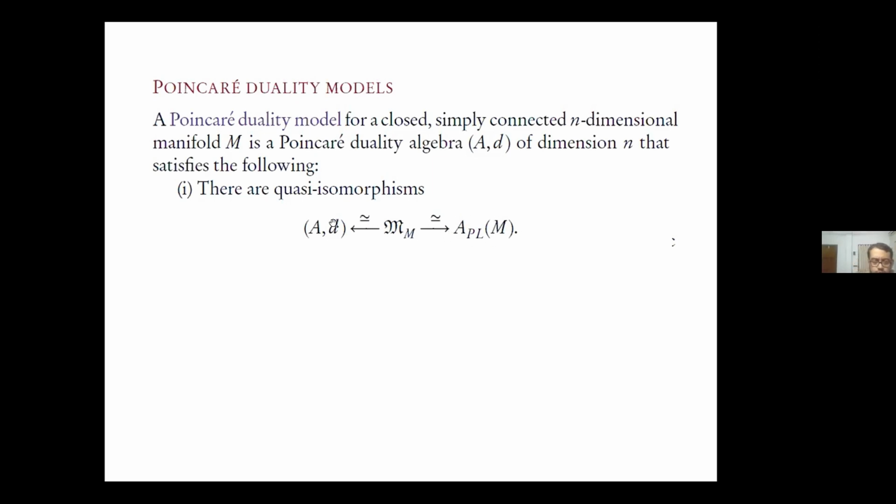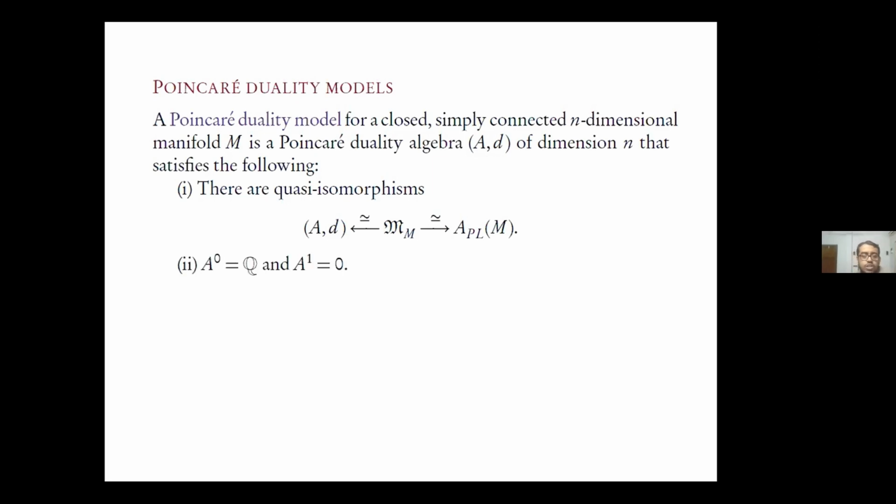So we want this AD to inherit a map from the minimal model, which is a quasi-isomorphism. Okay, so effectively this AD, when you compute the cohomology, will compute the usual rational cohomology of M. Okay? That is sort of the point.